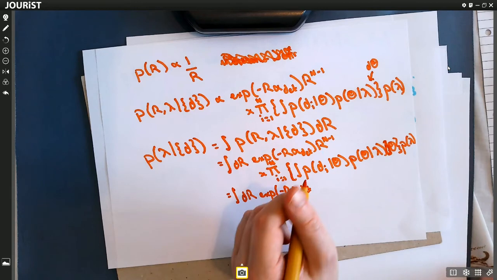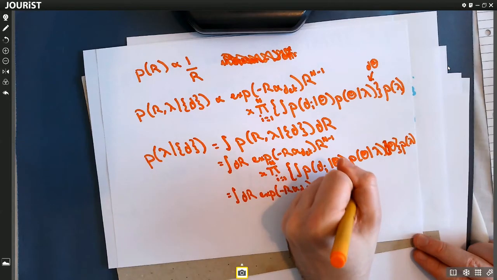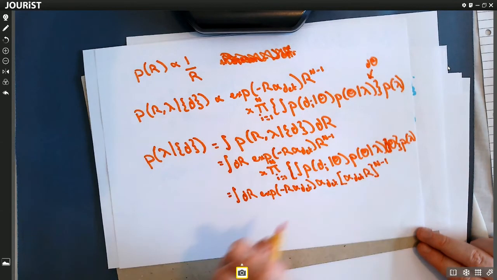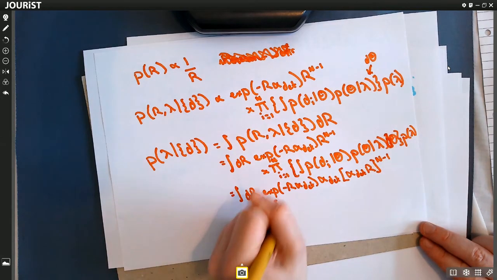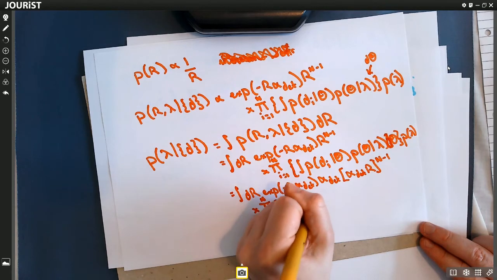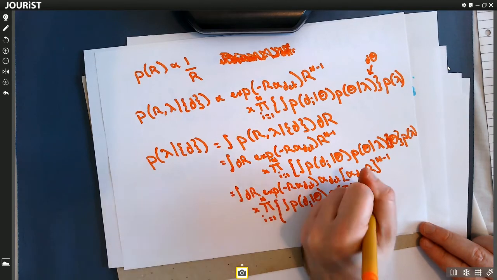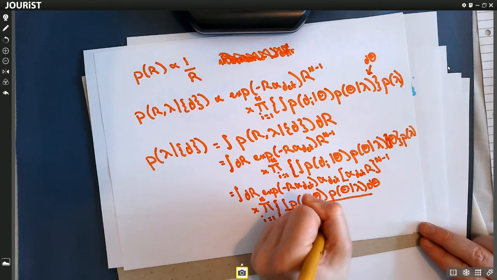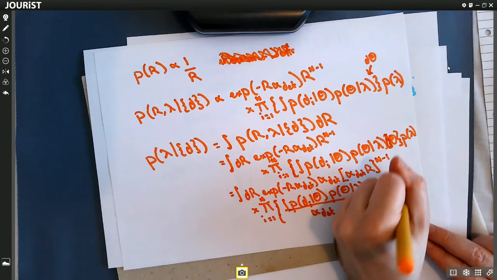Then we're going to have an alpha det times alpha det r to the n minus 1, multiplied by the product i equals 1 to n, integral p d_i given theta, p theta given lambda, remember the d theta this time, all over alpha det times our prior on lambda.